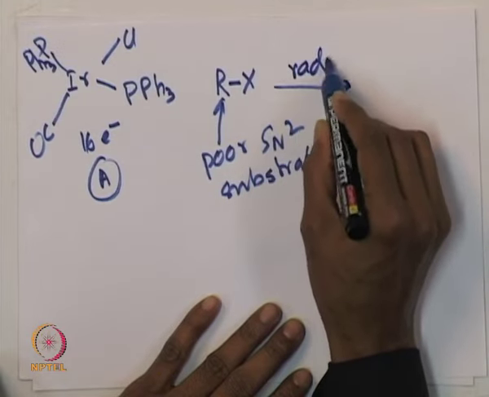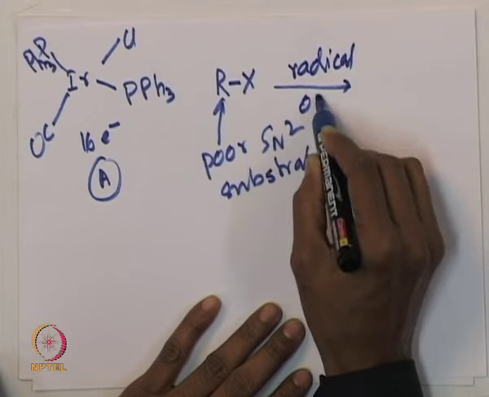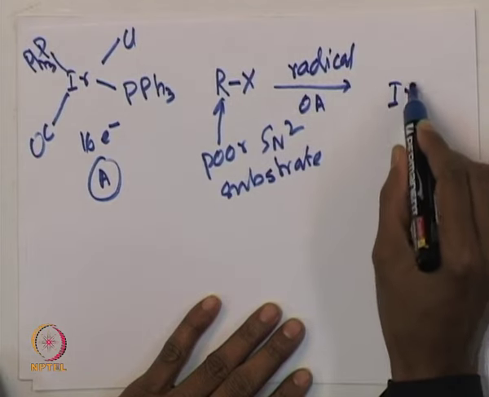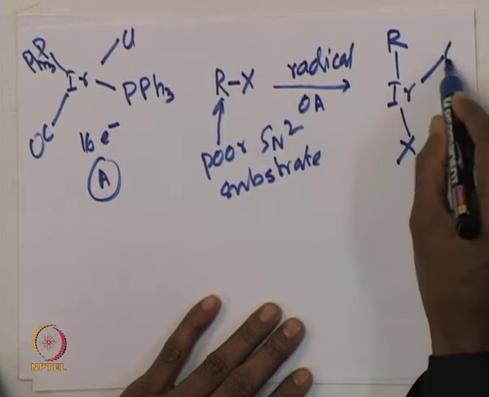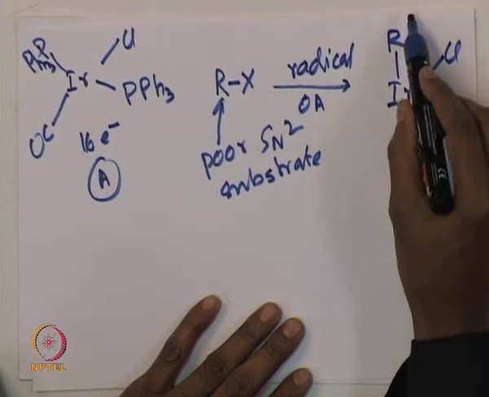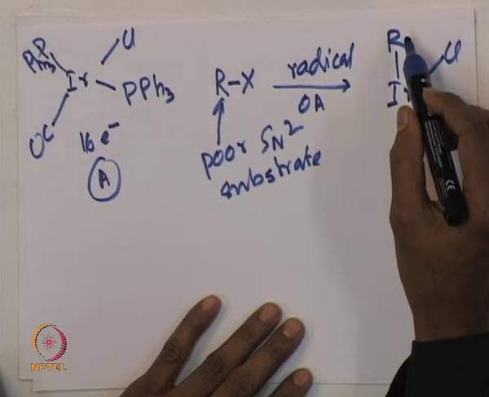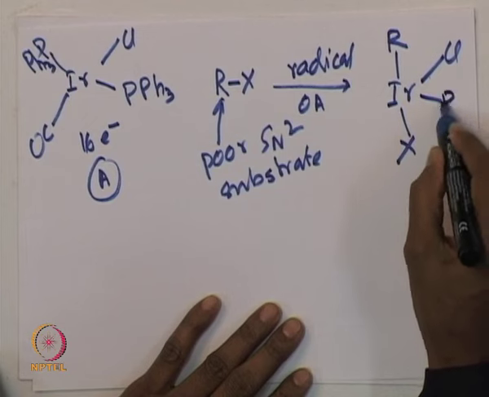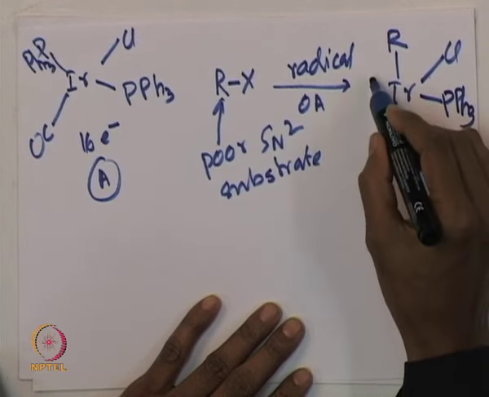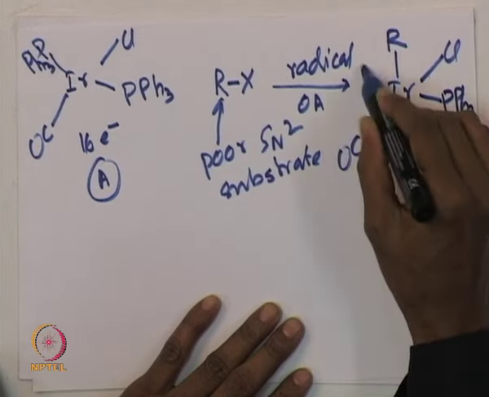Now, this will undergo the radical oxidative addition overall to give you the iridium RX species. The first intermediate is the one which will have the initiator. Let me first draw the oxidative addition complex.